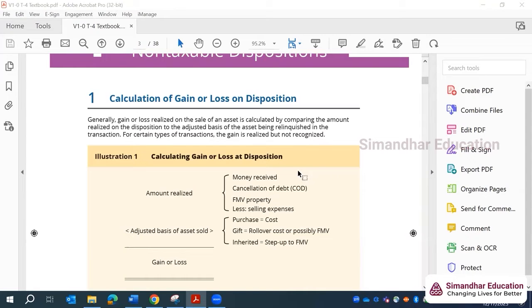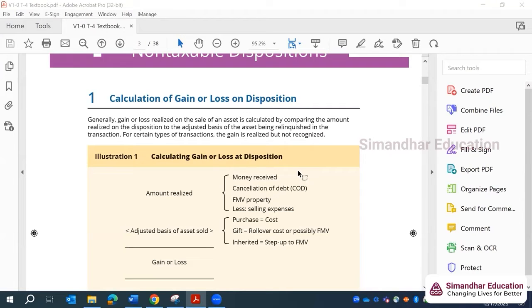All right. Now, let's understand what is adjusted basis. Basis, we know, is whatever our initial investment in the asset is. But what is adjusted basis? So let's say that I buy a house and I construct a second floor on the house.